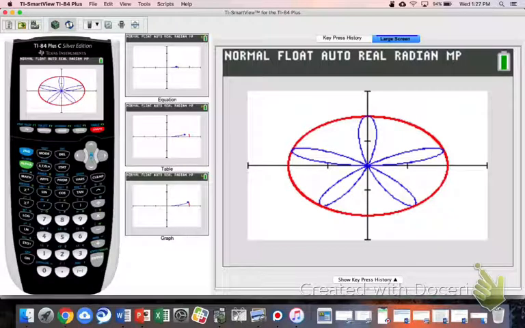And if you're able to decide, okay, here's how I would get one of the petals by defining my angles correctly, then it would be no problem. But if you have no idea how to figure out the domain of something like this, it's going to be hard for you to figure out your alpha and your beta limits for the integral. Like I said, you don't have to remember any of this because we're going to do this a lot later, but this is one of the reasons why we care about the domain.